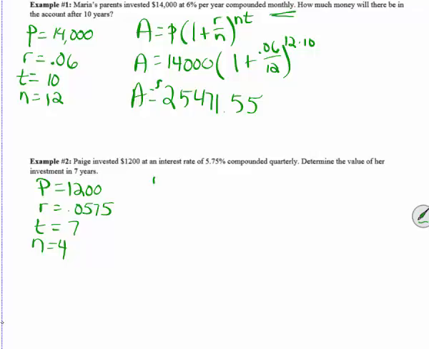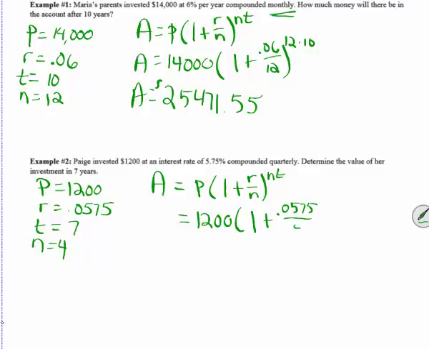Okay, so in my formula, A equals P times 1 plus R over N to the NT. So $12,000, 1 plus 0.0575 over 4 to the 4 times 7. So again, I was able to put that in my calculator.